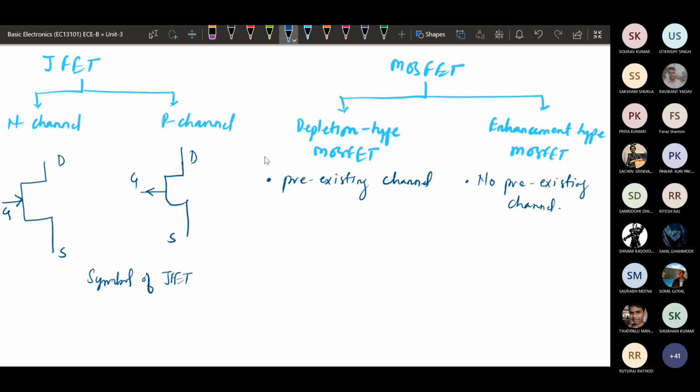Here, this depletion type MOSFET can operate in two different modes.